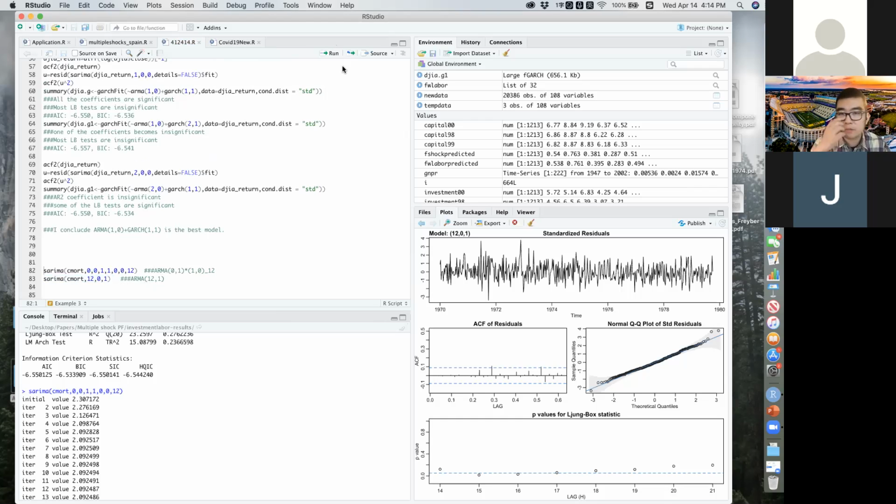You can go back maybe to check your notes. That's a coefficient for.